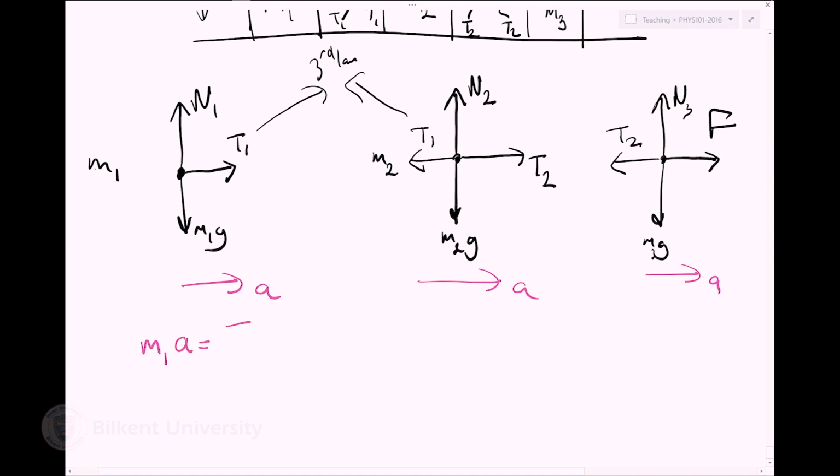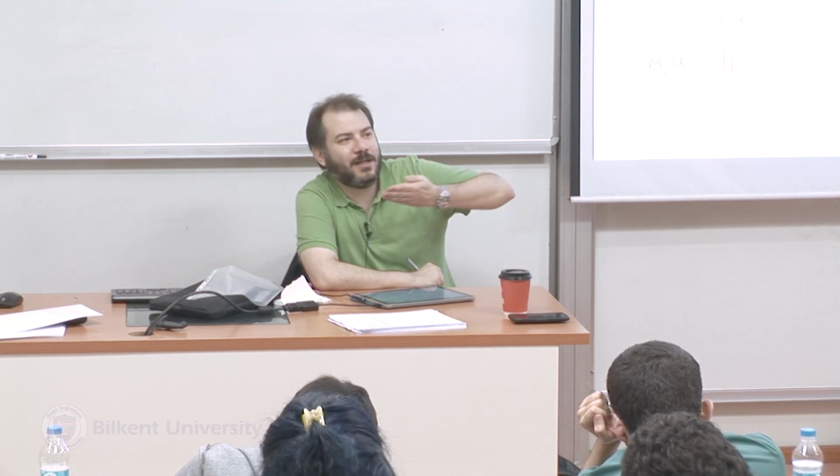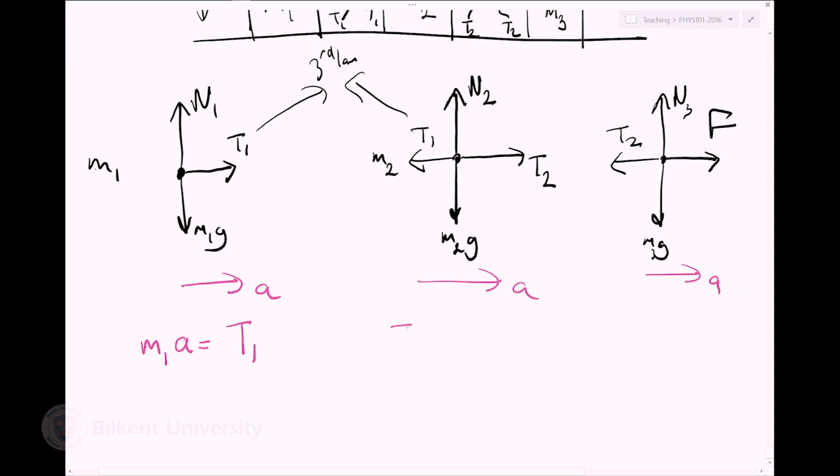And Newton's equations are: M1A is just T1. Why did I not worry about N1 or M1g? Because my acceleration is clearly in a perpendicular direction to the normal. Those normal forces are just cancelling each other. For the second mass, I have M2A equal to T2 minus T1.